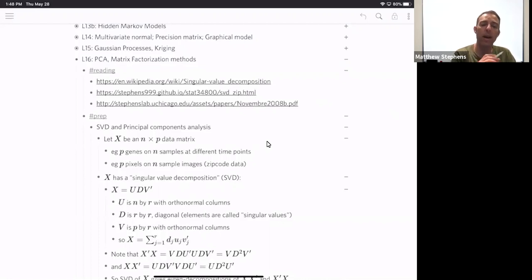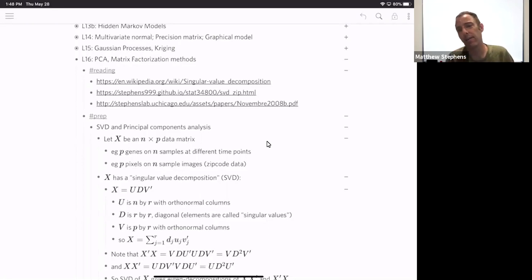Okay, so any n by p data matrix X has a singular value decomposition, and you can find it relatively efficiently. The computation is something like np squared, where n is the bigger dimension, or pn squared, something like that. Roughly n cubed if it's a square matrix.